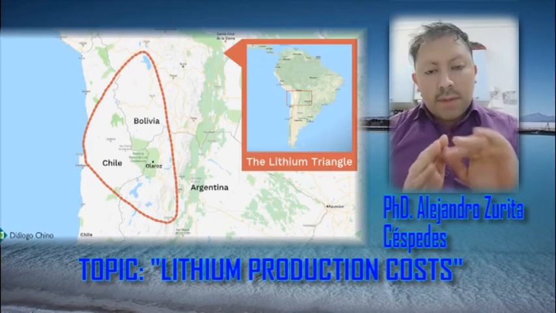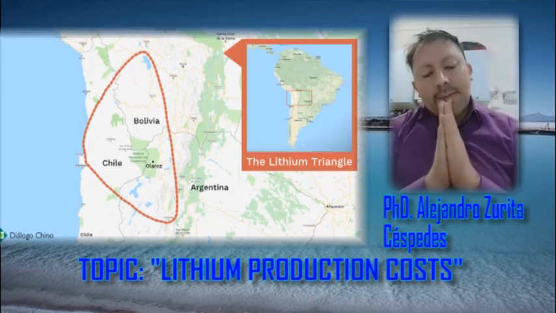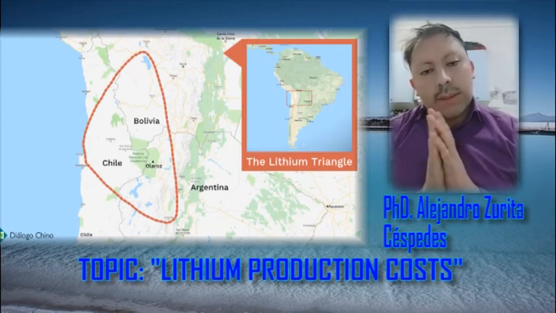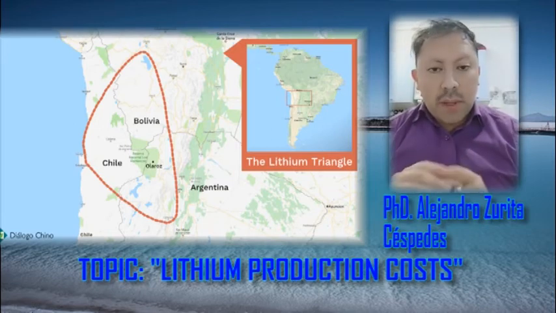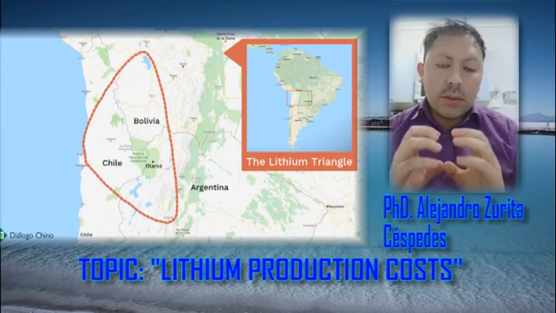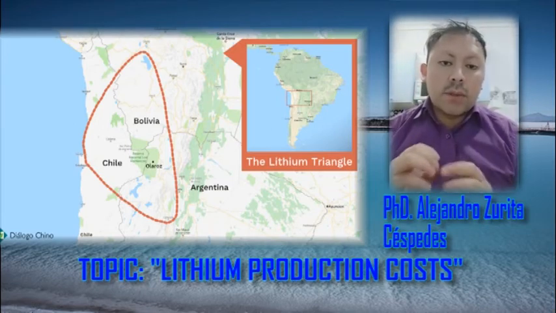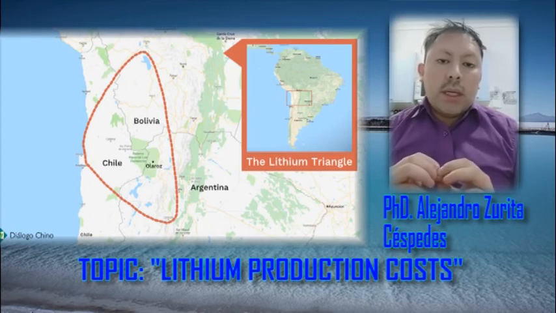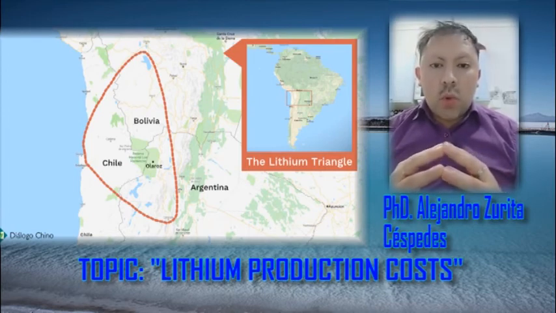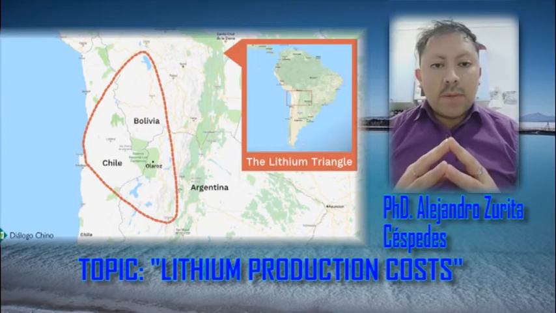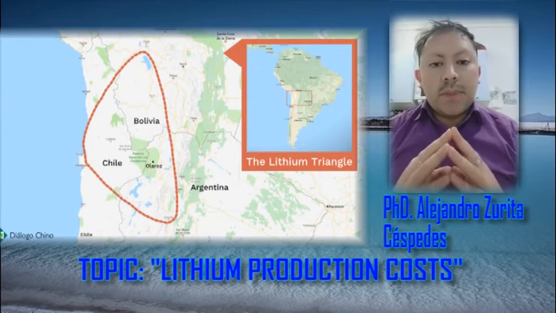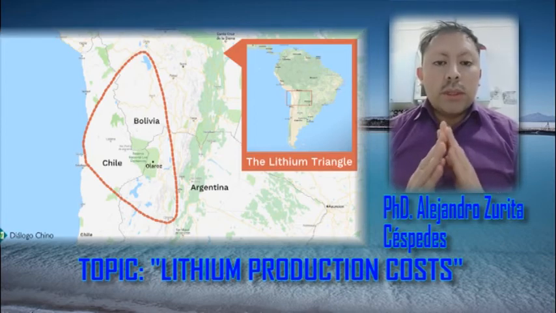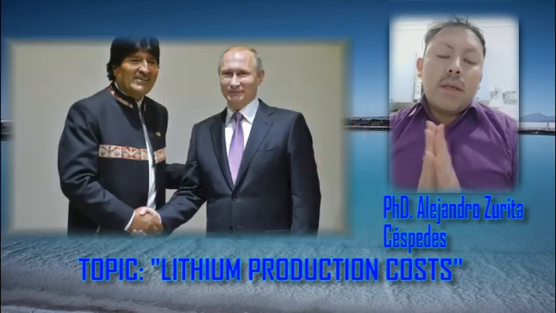Finally, in Bolivia the total production is 250 tons annually. They are planning to produce 150,000 tons per year, according to Evo Morales.